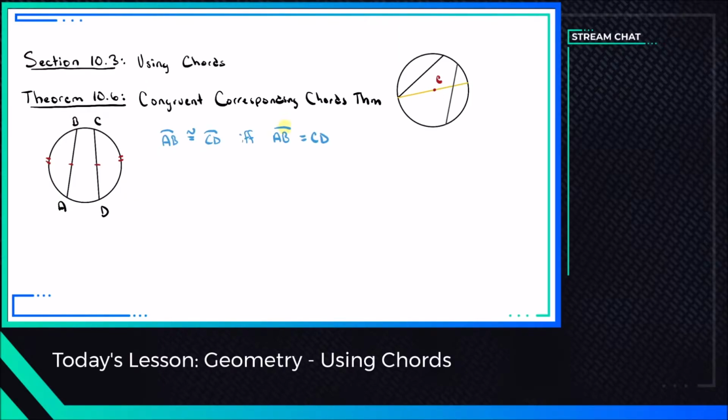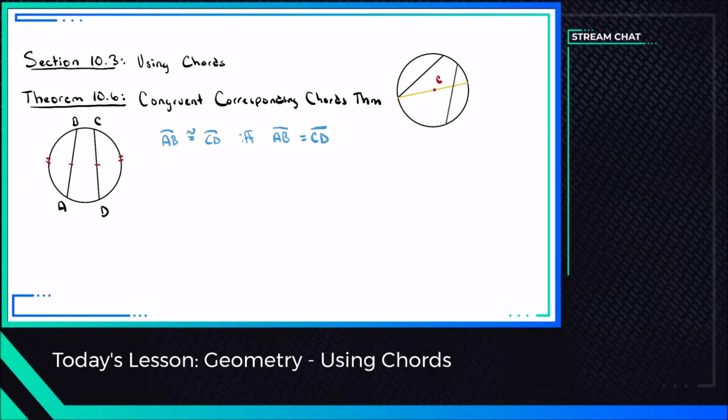I'm going to make those just good straight lines on top of there to not confuse it with the arc symbol. So that's the congruent corresponding chord theorem. If two chords are congruent, then the corresponding arcs are congruent. And if two arcs are congruent, then the two corresponding chords are congruent.